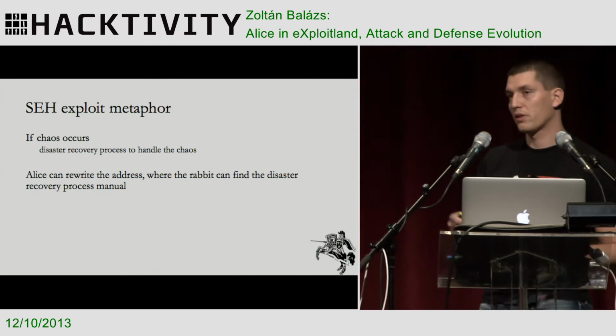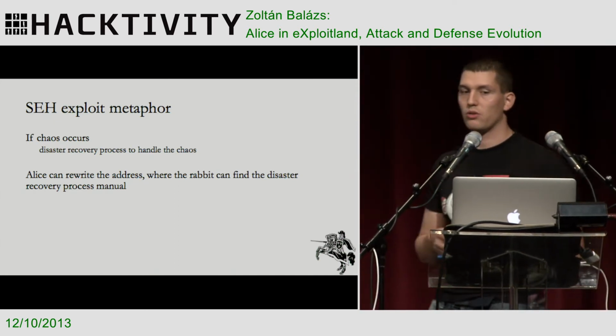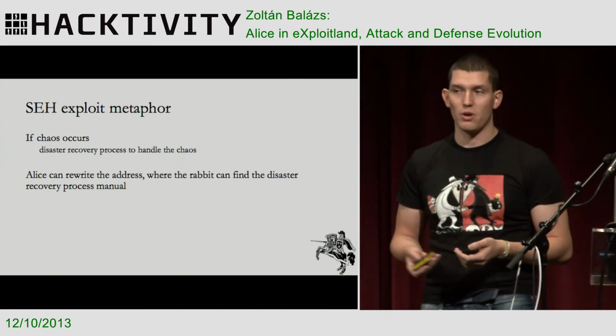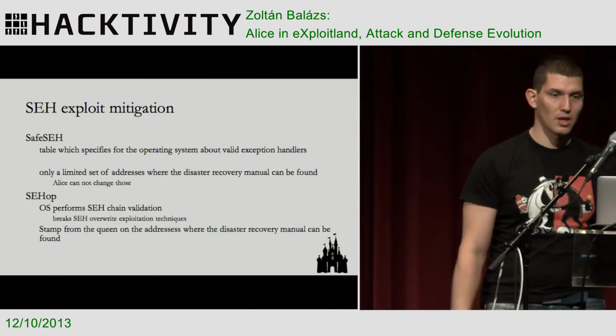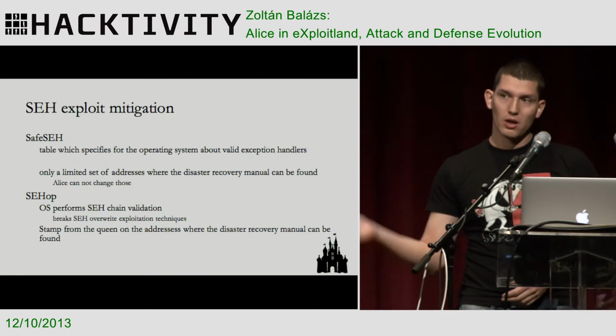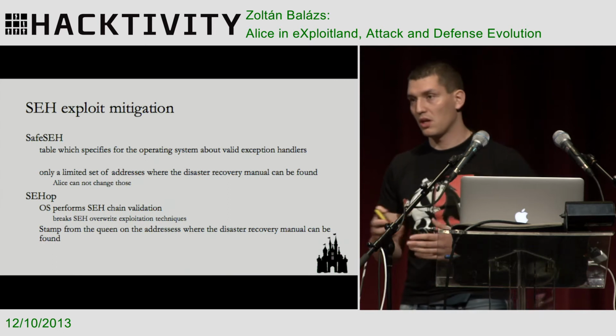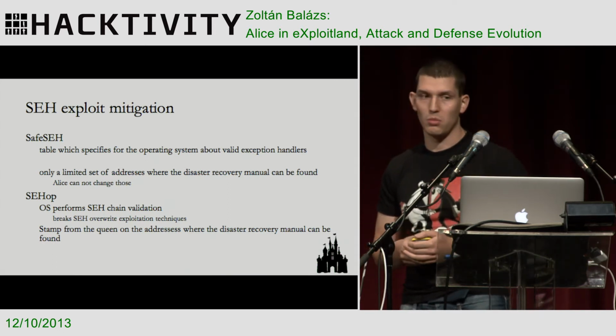And Alice has the possibility to rewrite the address where the rabbit can find this disaster recovery process. Now we are again on the defensive side. There are some mitigation techniques against these SEH-based exploits.